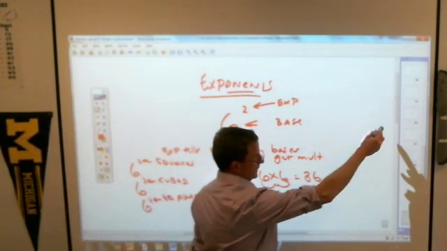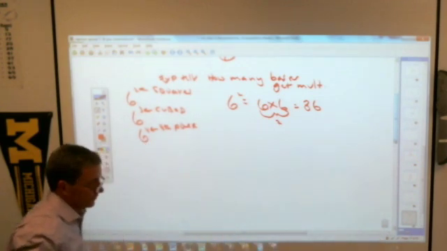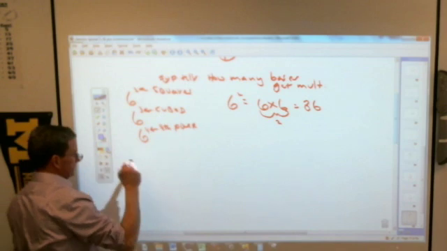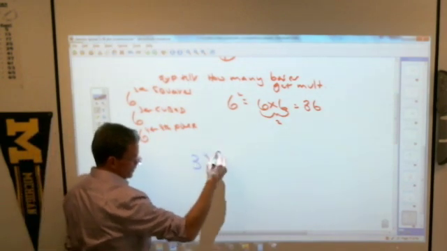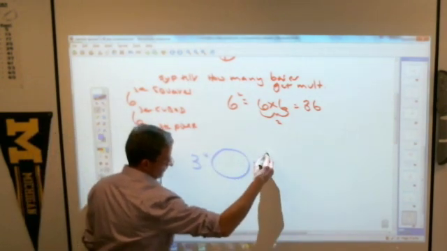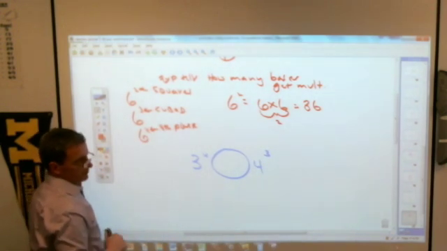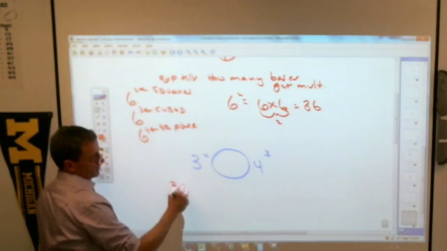And some examples of things they might give you would be this. 3 to the fourth power compared to 4 to the third power. Now on the outside you might go, well, those must be equal. Well, they're probably not.